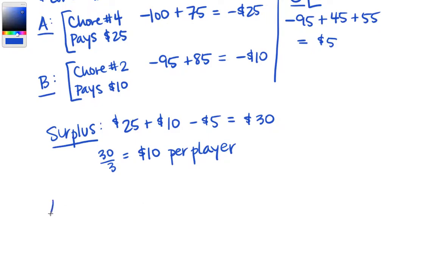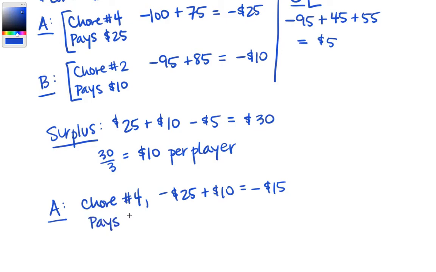Okay. So Allie got chore number 4, and remember she was paying $25, but then she gets $10 for the surplus, so that comes out to negative 15. So she does chore number 4 and she pays $15.